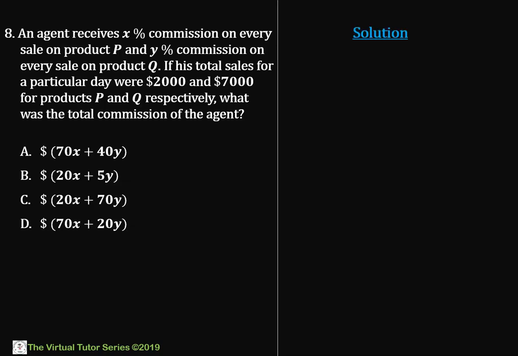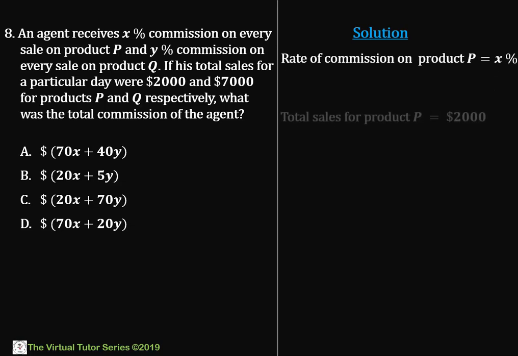Solution. The percentage of commission on product P is X%, and the total sales for product P is $2,000. To determine the commission the agent received on product P, we need to multiply the rate of commission by the total sales for product P.